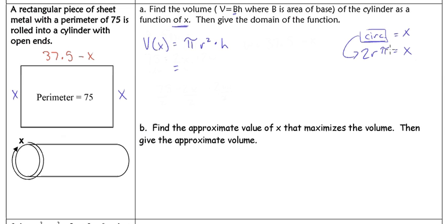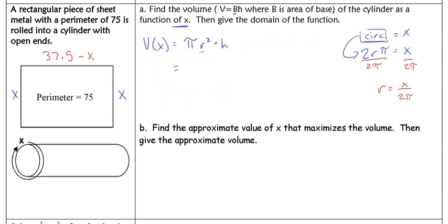We want to get r by itself because we're going to square that over here. So divide each side by 2 pi. And that leaves us with the radius is x divided by 2 pi. Now it's in terms of x and something that's going to be useful for us.